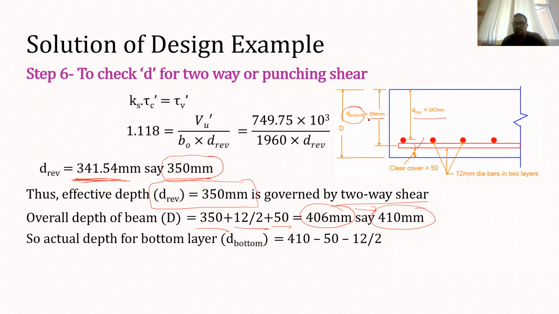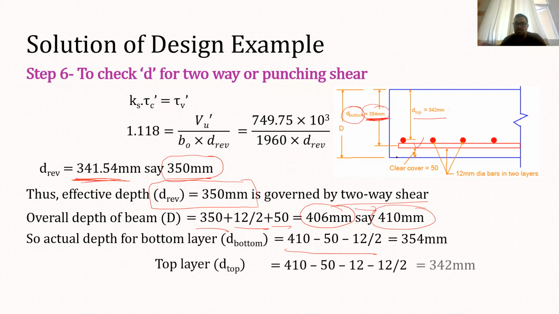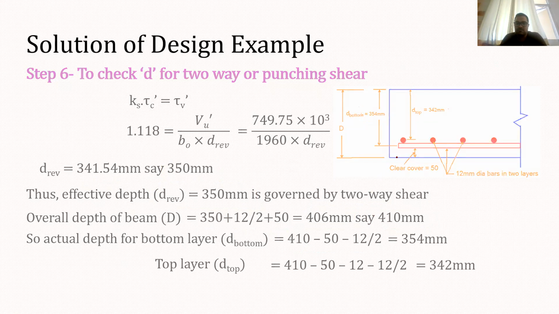So this 354 is the normal effective depth, which is calculated from the center of the bottom bar to the topmost layer, calculated by this relation. And for effective depth for the top layer, we measure it from the center of top layer to the topmost fiber of the footing, which is 352. So we use these two different depths to calculate the area of steel.